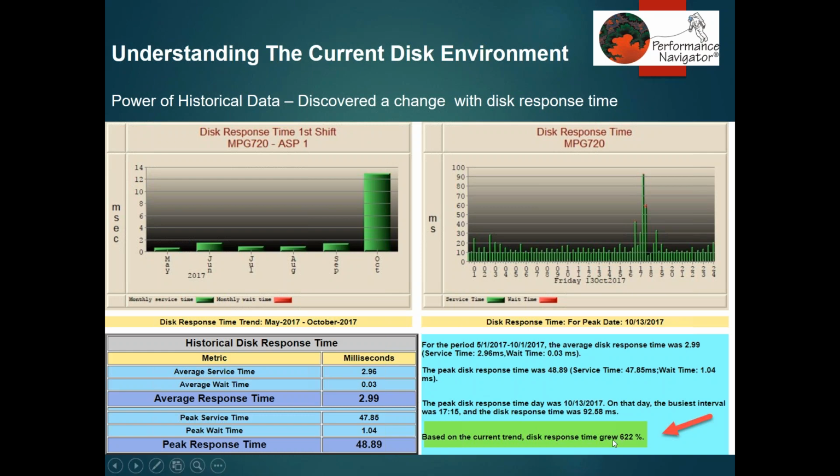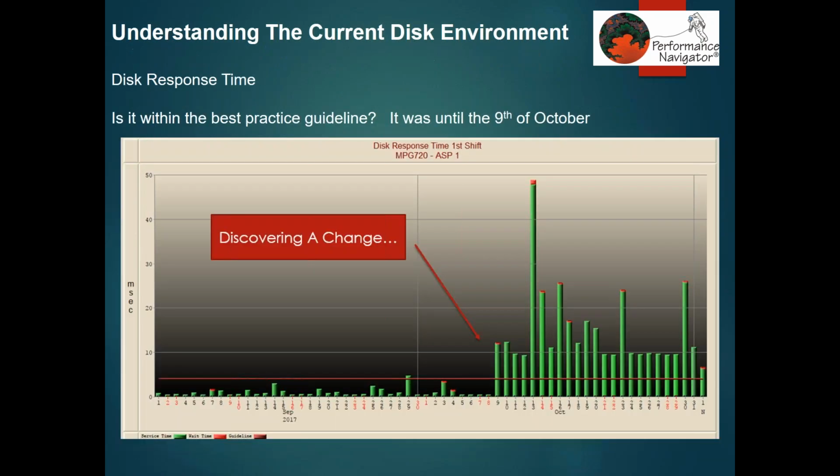But you can see that disk response time grew 622% in October. And by the way, when I drill down into my favorite view by date, look at that. Little, big. So is it within best practice guideline in my 4 milliseconds? Well, it was until October 9th. So how cool is that when you can get down, and this is why this historical data is so valuable and why you do reporting.